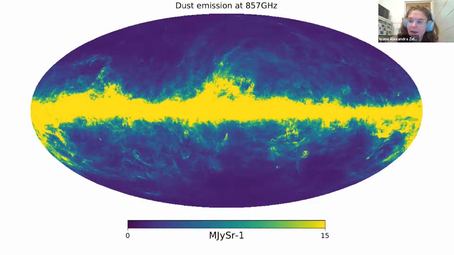They have 5 or so frequency bands that they choose, up to 8 actually in the case of Planck, and they map the sky at high precision. At 857 gigahertz, dust is the dominating foreground. So basically, you can literally see the amount of dust radiation by looking at this frequency.